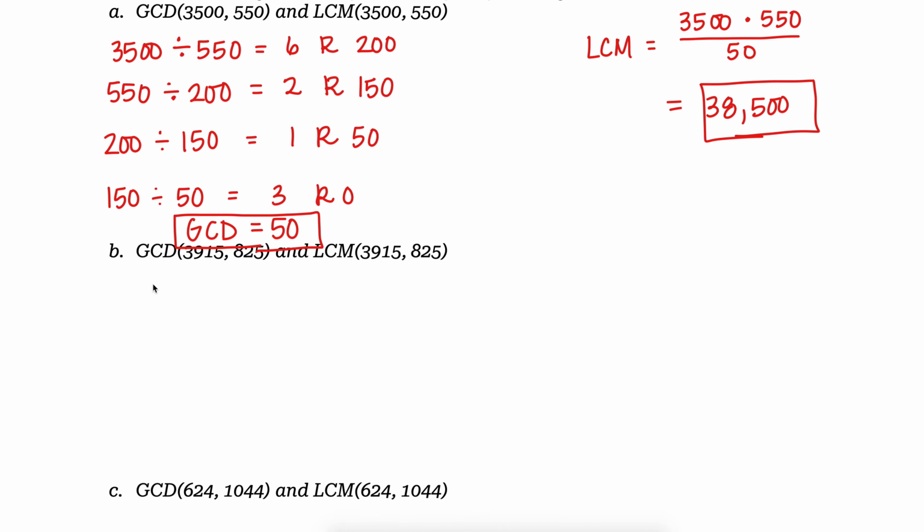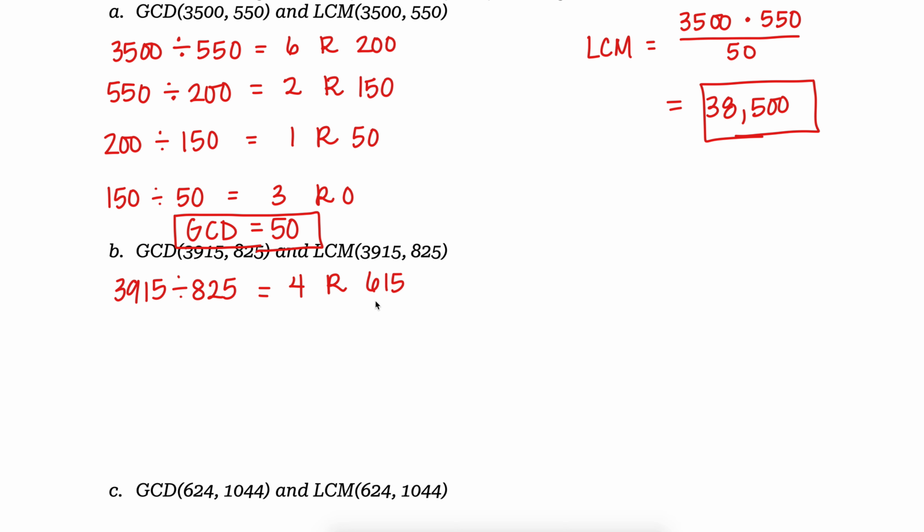So here we're asked to find the greatest common divisor between 3,915 and 825. So again, I'm going to divide 3,915 divided by 825. And that gives me 4 with a remainder of 615.